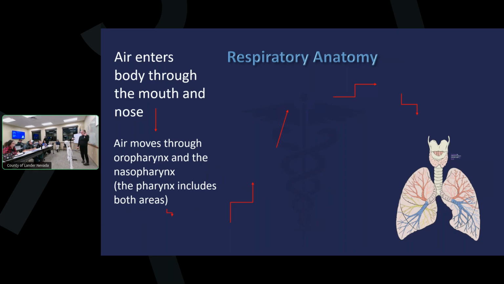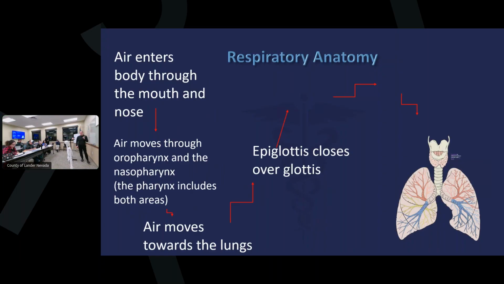Whenever we're talking about the pharynx, we're talking about both of those systems, the oral and nasal. And it moves towards the lungs. We have this little structure that sits over our trachea, and it's called the epiglottis. It's floppy. But whenever we breathe in, it allows the air to go into the right hole, right? And same thing, whenever we eat, it covers our trachea so we don't inhale our food, right?